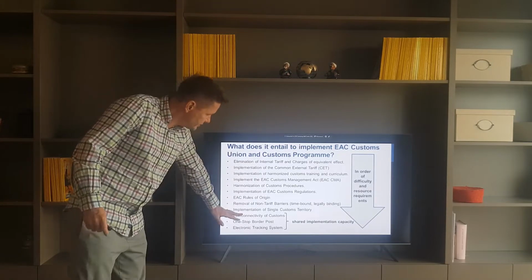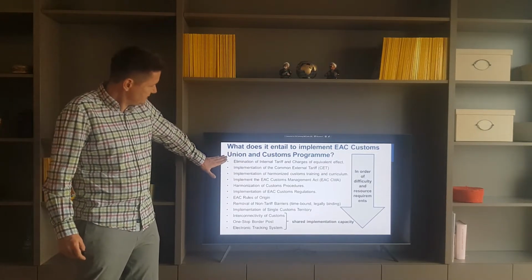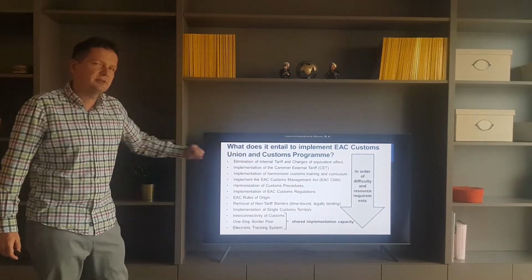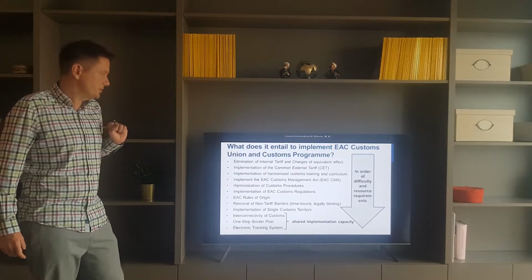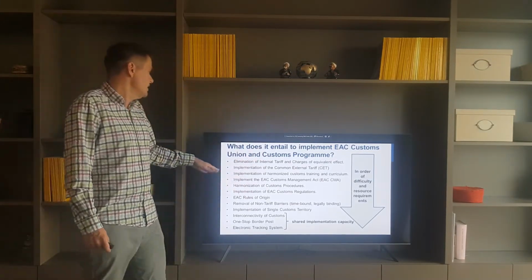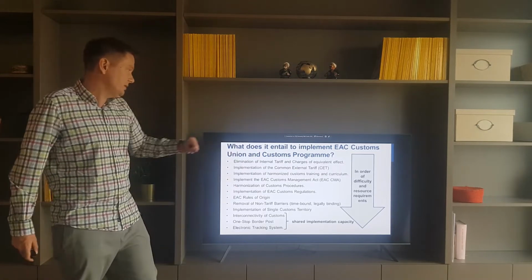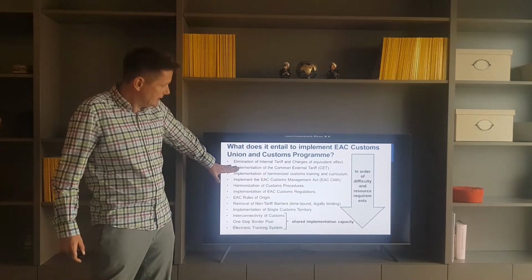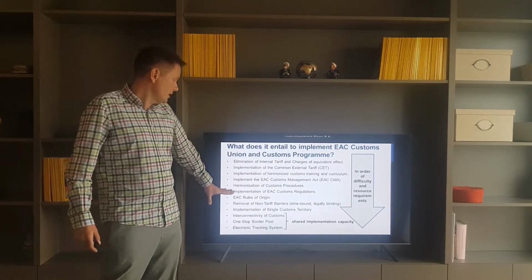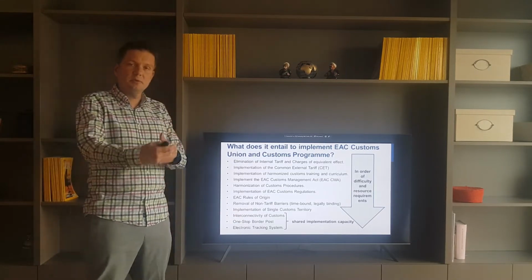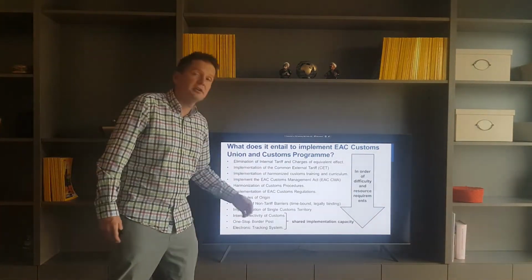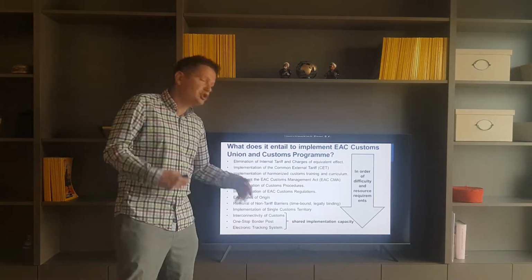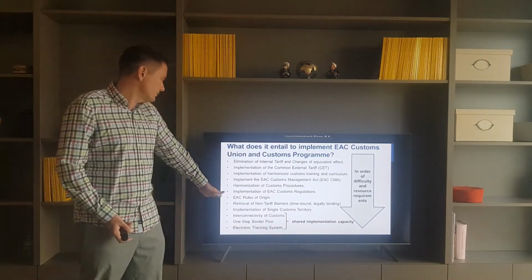You can look at the slide yourself, but the way the slide is provided, it starts with reasonably easy and key issues in terms of customs harmonization, such as the elimination of the tariffs, such as implementation of the common external tariff, and then it goes sequentially into more difficult and sophisticated programs, such as computerization of customs, interconnectivity of customs, electronic tracking system for trucks, and so on and so forth.